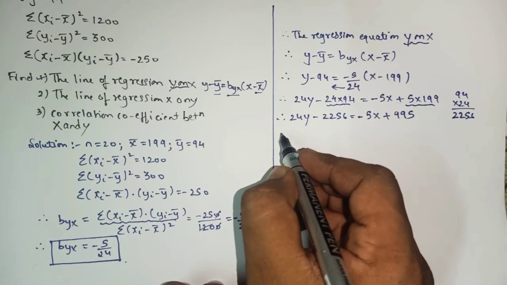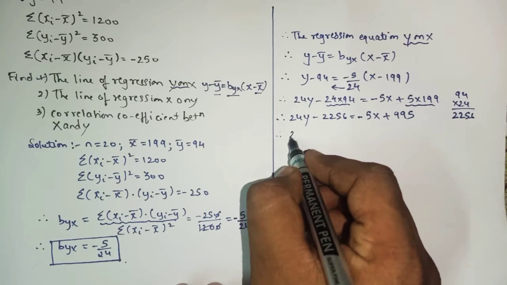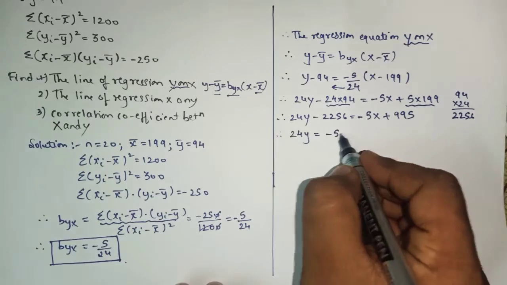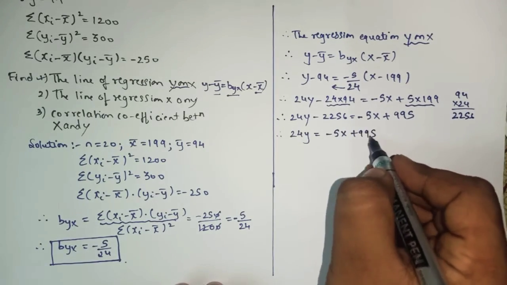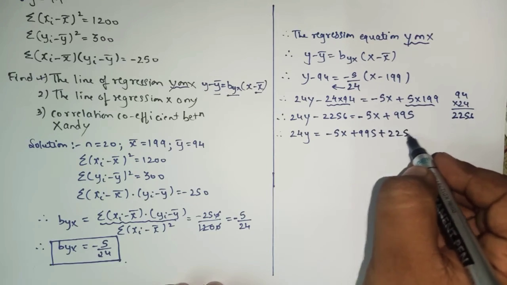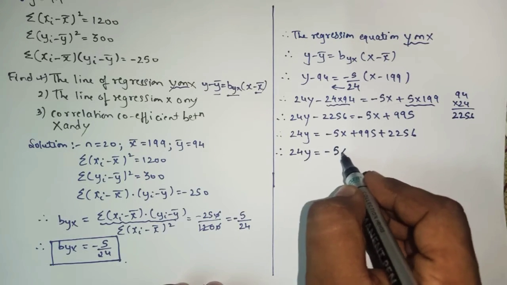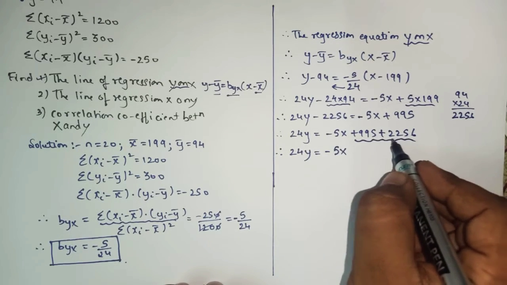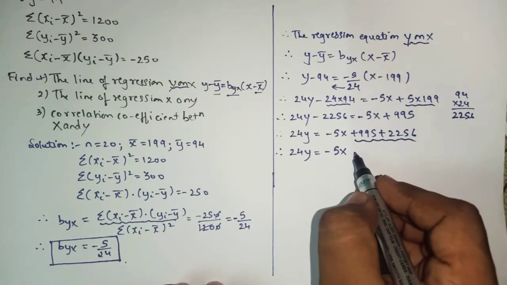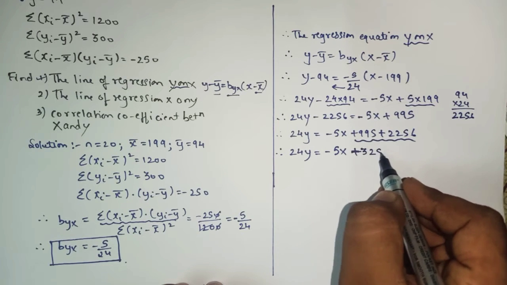Understood? So the next part, here what I will do, 24y will keep as it is, minus 5x plus 995. We will shift this minus 2256 to that side, so it will be plus. Therefore 24y equals minus 5x. When you add the numbers 2256 plus 995, as plus plus is plus, here it will be 3251 is the answer.